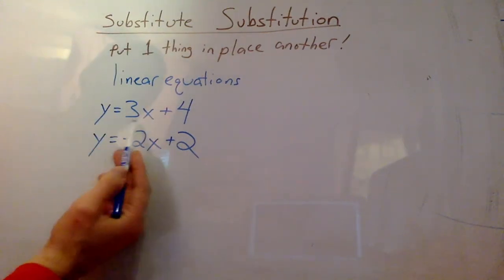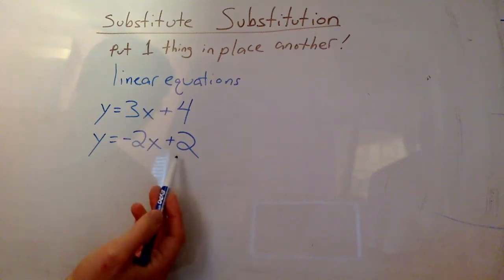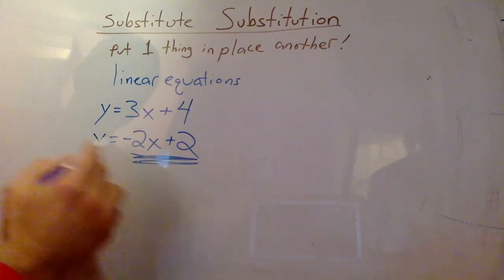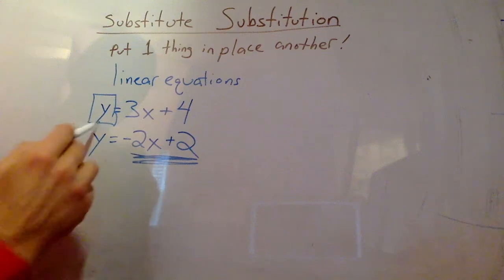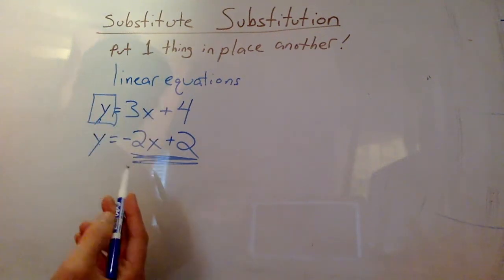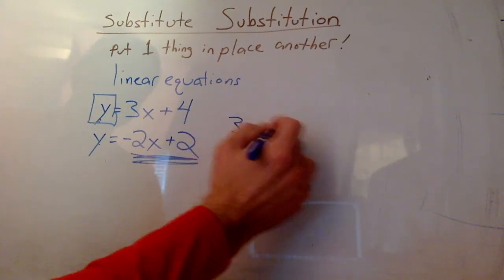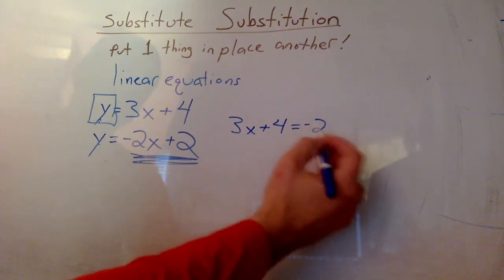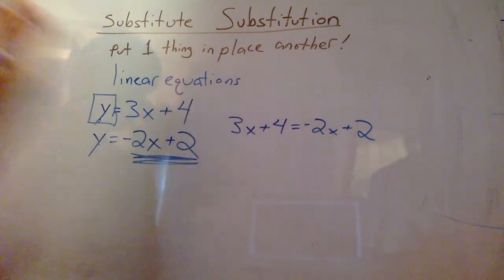Well, if y equals 3x plus 4 and y equals negative 2x plus 2, I can substitute this expression in place of this y, because y equals two different expressions, but they both equal y, so they equal each other. So I can rewrite this as 3x plus 4 equals negative 2x plus 2.